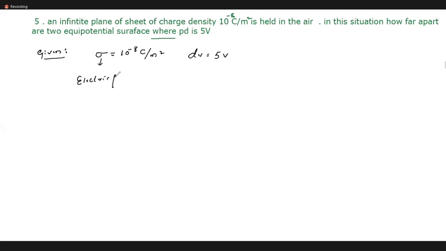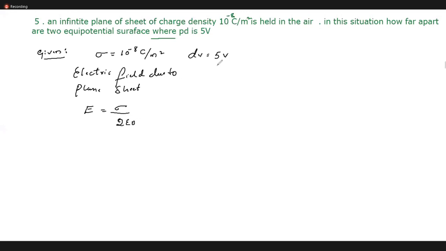Electric field due to a plane sheet. What is the formula? Sigma by 2 epsilon naught. Very good. Electric field due to a plane sheet is E equals sigma by 2 epsilon naught.